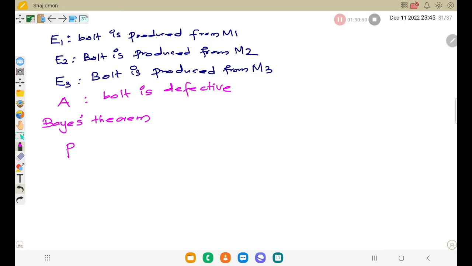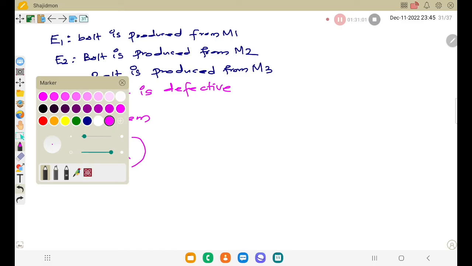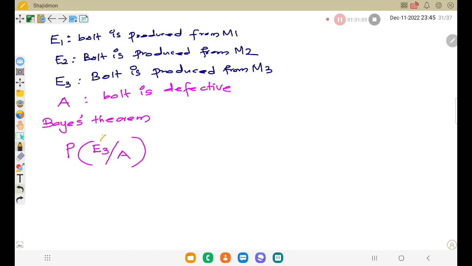What we need to calculate is the probability of machine 3, given that the bolt is defective, where capital A is the event, correctly mentioned, and this is the partition. That is why we use Bayes theorem.